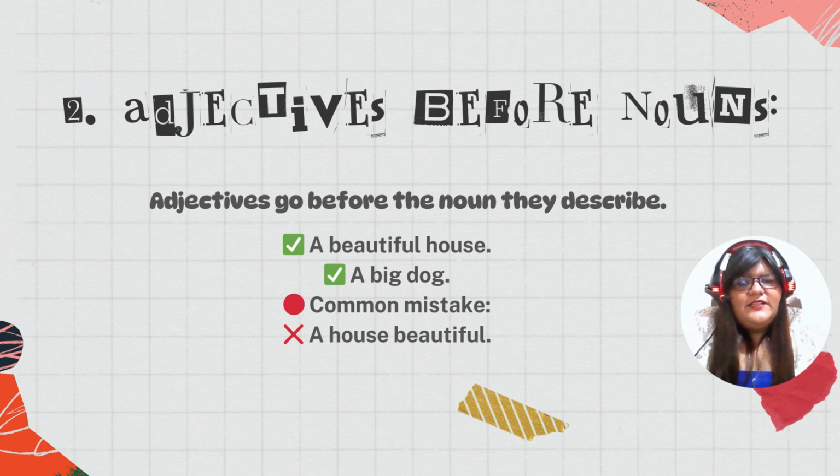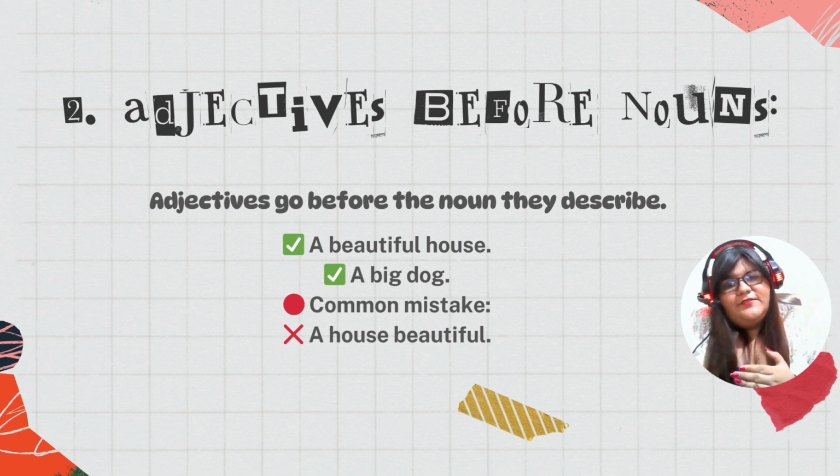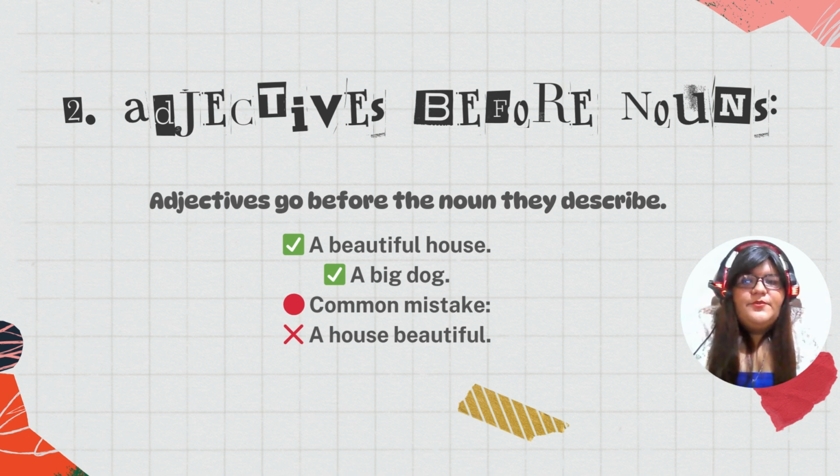I can't say a house beautiful, a dog big. Maybe in other languages that will make sense. But remember that we are learning English, not other languages, so be careful in those details. Remember the adjective from the beginning and then the noun. A beautiful house, a big dog.